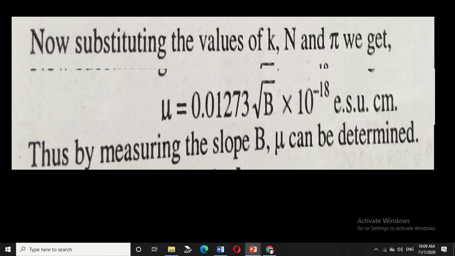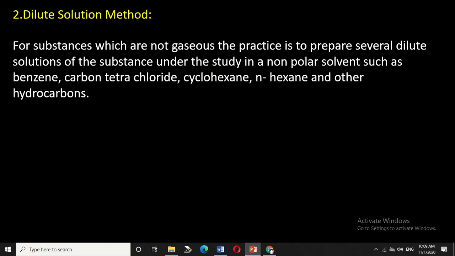In this way, friends, we can determine the value of the dipole moment. In the second method, when the compounds are present in the solid form, prepare the solution of such a compound in a non-polar solvent such as benzene, carbon tetrachloride, cyclohexane, n-hexane and other hydrocarbons. Friends, why do we take a non-polar solvent here? If we used a polar solvent, it could affect the dipole moment measurement, so we use a non-polar solvent here.